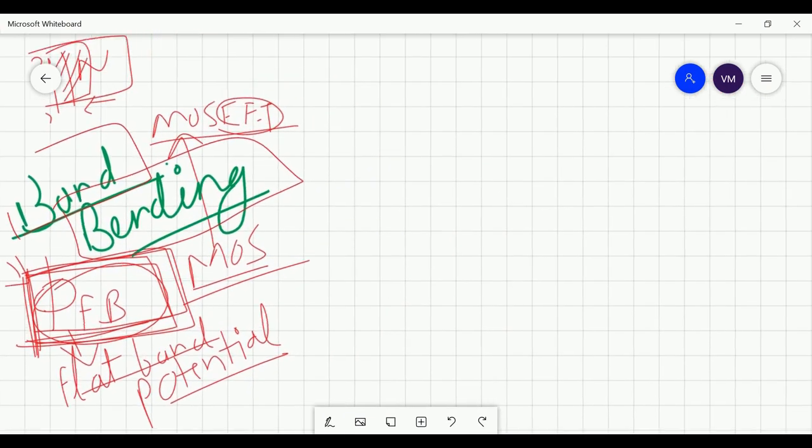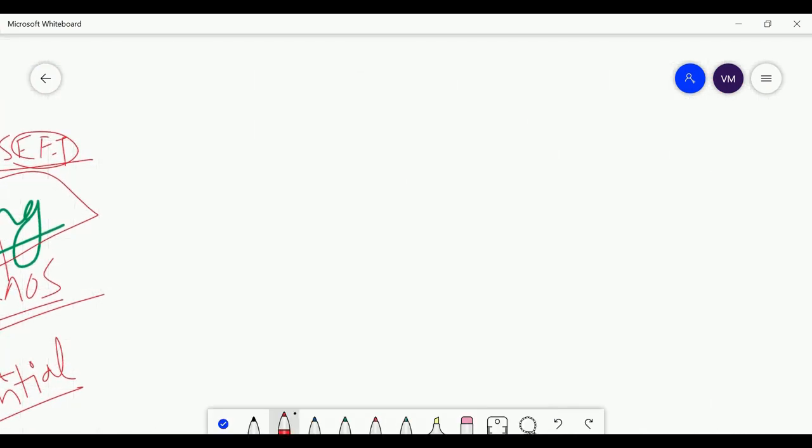Now let's move forward. In today's class, let's start from the last topic we have already studied, the metal oxide structure. Now we will try to calculate the potential difference between the silicon and the metal. Fine.